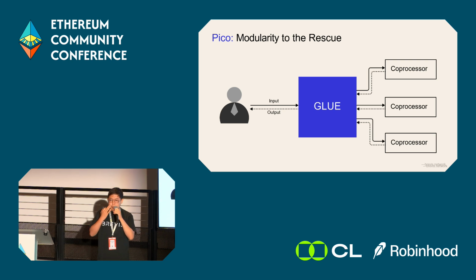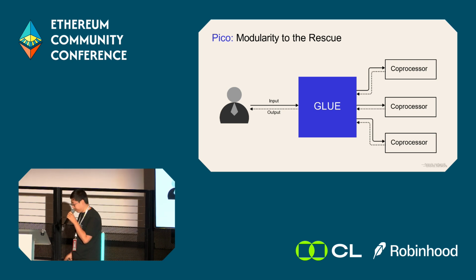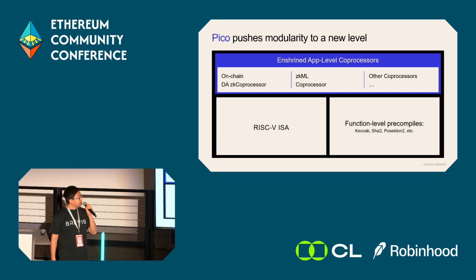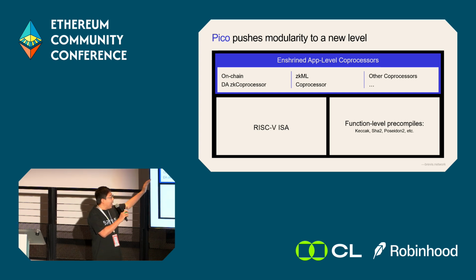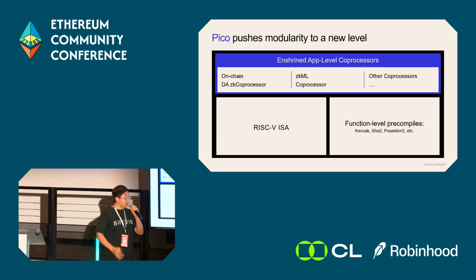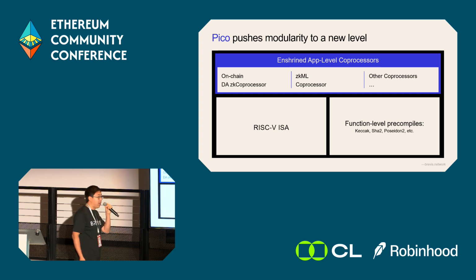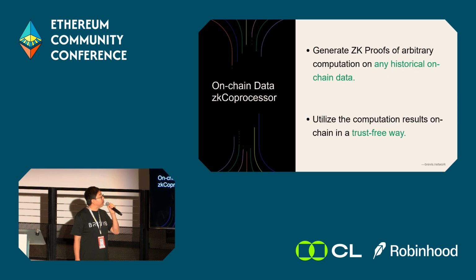These specialized computations, we call coprocessors. On top of this general architecture, we have built a very extendable and modular framework where you can plug in your enshrined application-level provers and coprocessors, things like an on-chain data coprocessor, zkML, which focuses on AI, and many other different kinds of coprocessors as well.